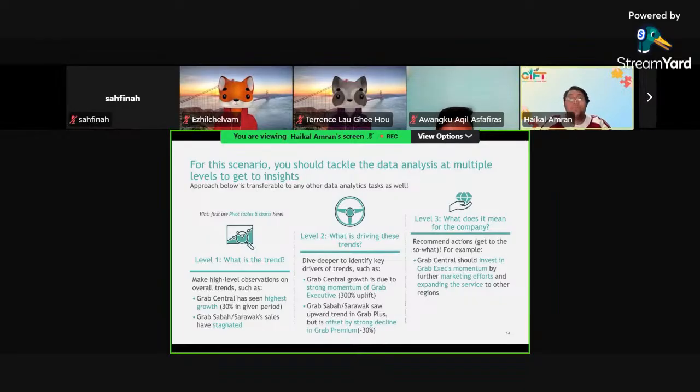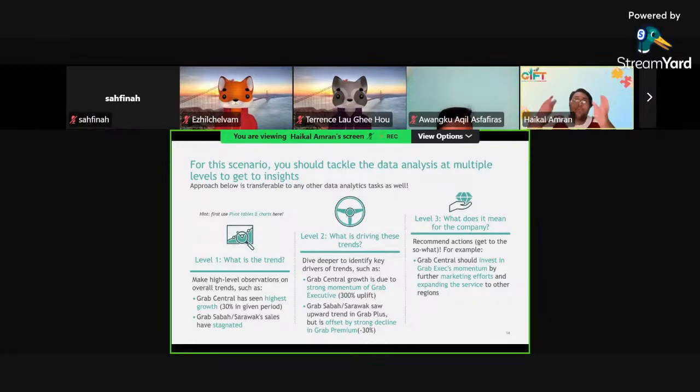For example, level one, the trend is Grab Central has seen the highest growth of up to 30% between 2022 and 2024. And then when you add another layer of analysis to that, Grab Central growth is due to strong momentum of Grab Executive. This is the proportion part, remember? So level one and level two is about utilizing the three methods basically.